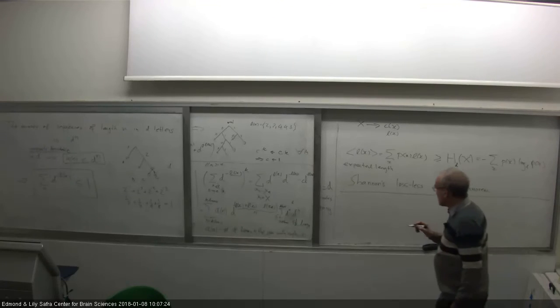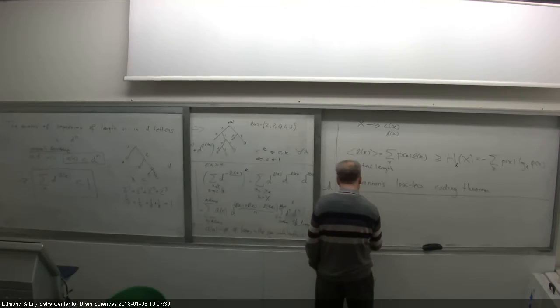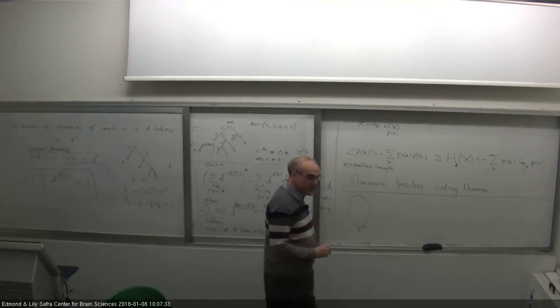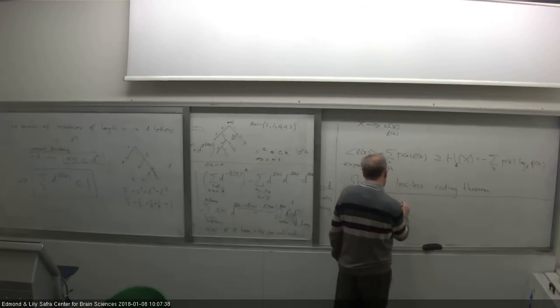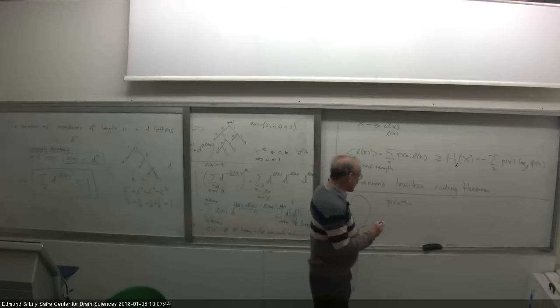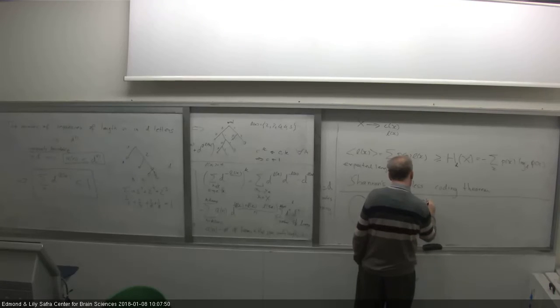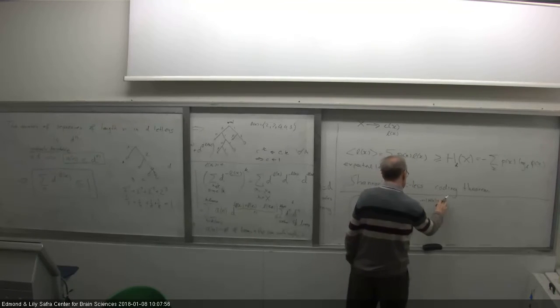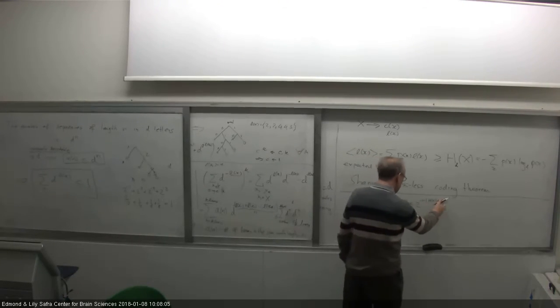Because we know already that if we look only at typical sequences over my variable X^n, the probability of a typical sequence is essentially between 2 to the minus n(H(X) plus epsilon) and 2 to the minus n(H(X) minus epsilon). This is always confusing. So this is a smaller number, this is a larger number. Okay?